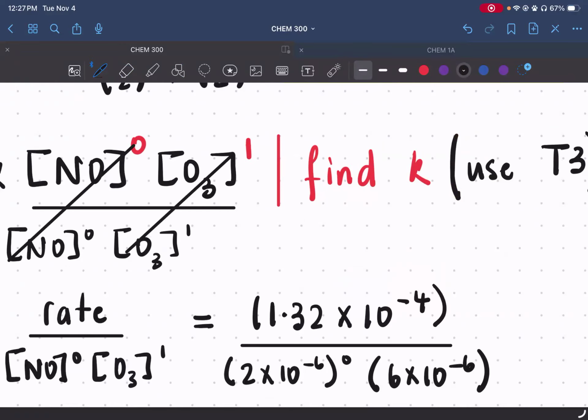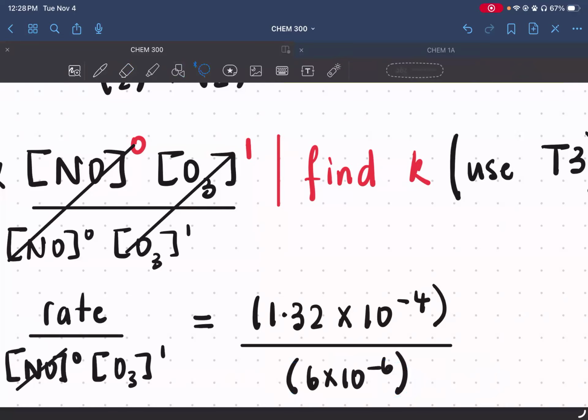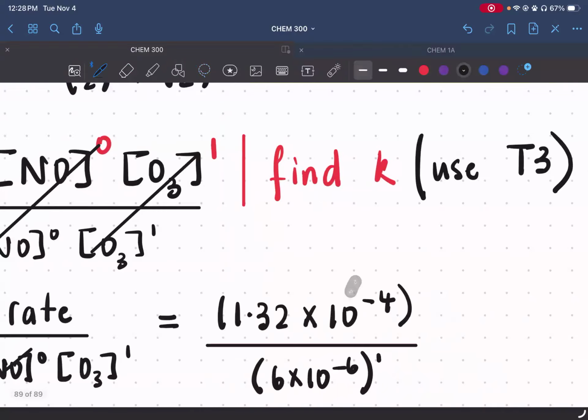What is anything raised to the 0? 1. I'll tell you what, we don't even need to spend time on the NO. Anything raised to the 0 is just 1. That makes sense. Didn't we just determine on the previous page that NO will not affect the rate? Yeah. So the fact that it basically just gets ignored makes sense. Anything to the 1 is itself, so we can just leave that as is.